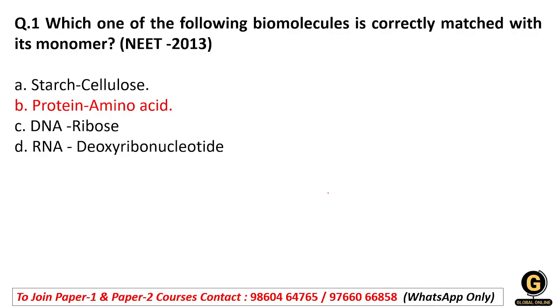Yes. So what is the correct answer? Option number B, that is protein amino acid, is the correct answer because proteins are polymers that are made up of amino acids, monomers, right? These are the amino acid monomers and these are linked with a peptide bond. Yes, the linkage between these amino acids is the peptide bond.